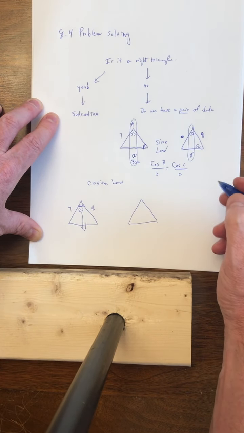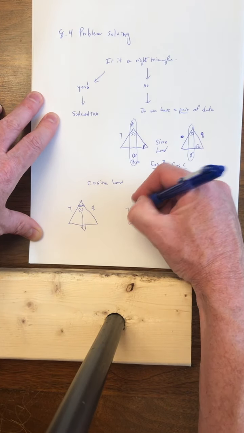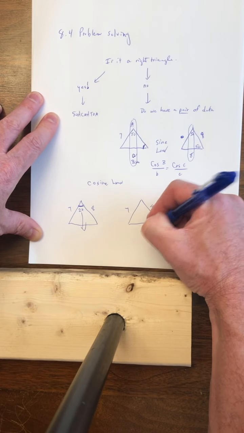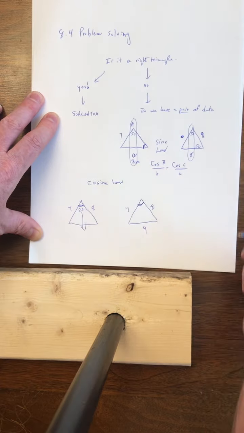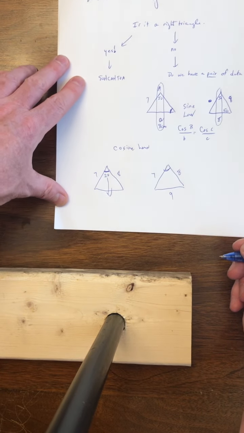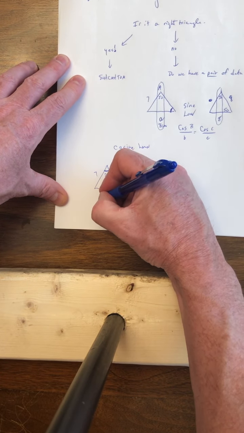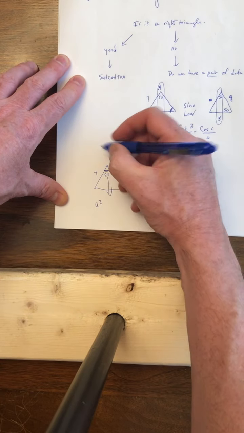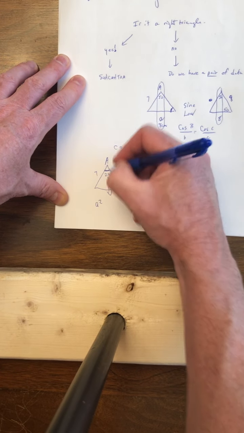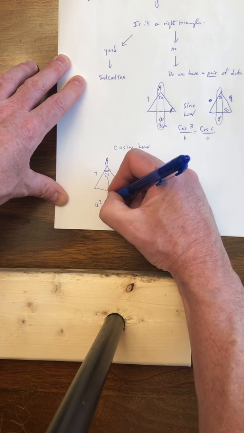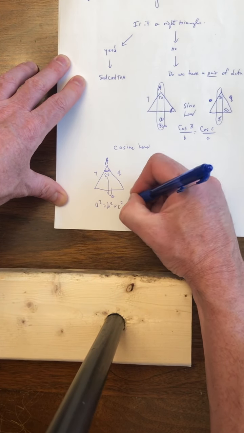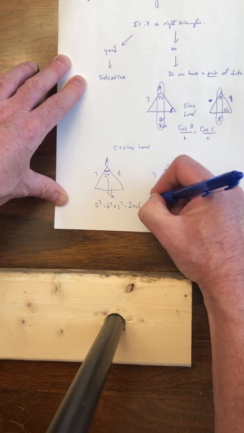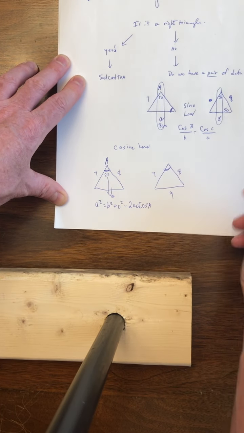Or in another situation here, we know all three sides. We can use that to find the missing angle. And of course our formula is here. This is our a squared, assuming this is a and we're trying to find a. A squared is equal to b squared plus c squared minus 2bc cosine A.